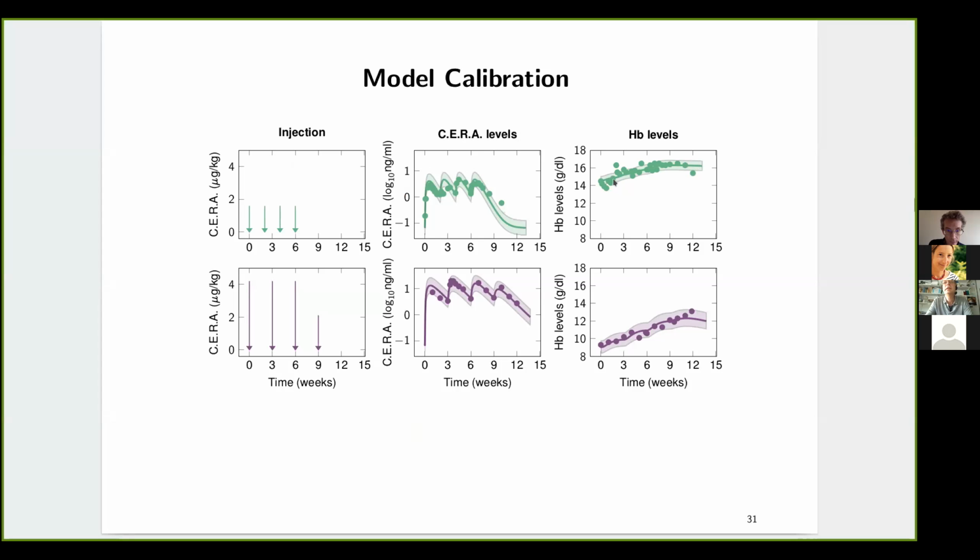You can see here, in this healthy subject the HB level was a little bit increased, and giving C.E.R.A, it even increases more to a somehow dangerous situation. Here the patient, every 3 weeks, here the C.E.R.A levels, and you can see he or she was in the beginning in an anemic situation, and this is more or less cured during the time. And the straight lines here are fits, and the shaded areas are error bars from the fits.